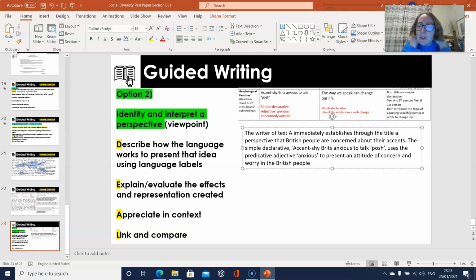To present an attitude of concern and worry in the British people, with the noun phrase accent shy, suggesting that this worry stems from concern linked to their accents.